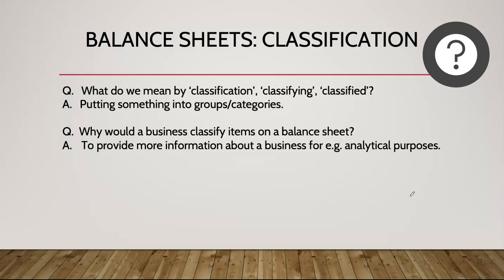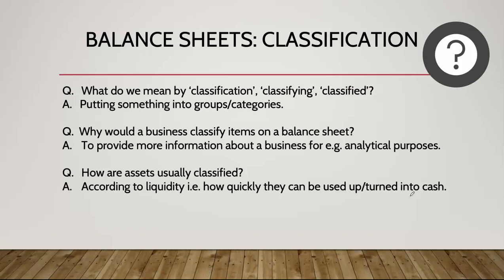Because it provides more information. I can do better analysis and give better advice. So how do we classify our assets? We classify them according to what we call liquidity. And that is how quickly these can be used up or turned into cash.